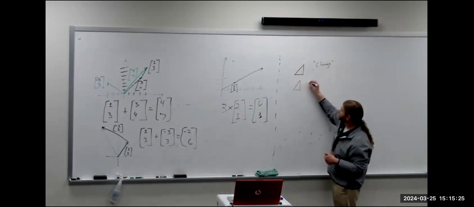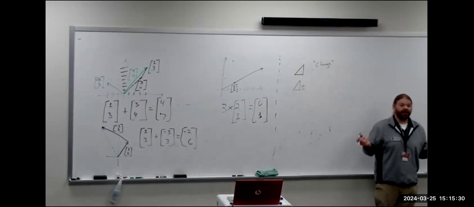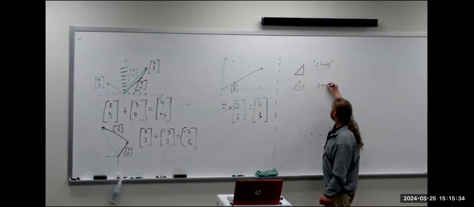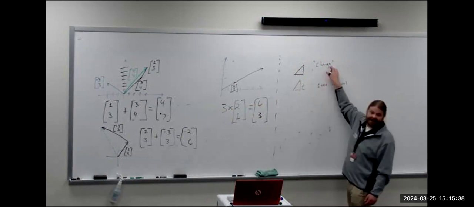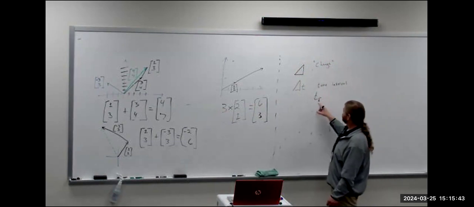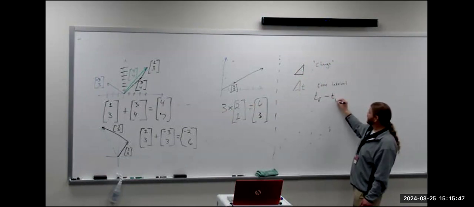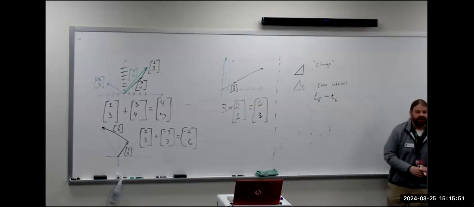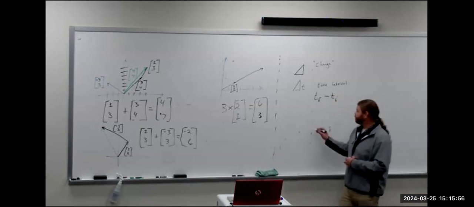So delta t, change in time or time interval. That's sort of what we're thinking here. Time interval is a nice way to say it, but really it's change in time. And the formula for that is going to be the final time minus the initial time. End minus the beginning. We always want to go that way so that our negative sign indicates which way it progresses.